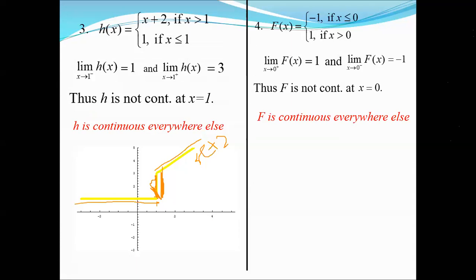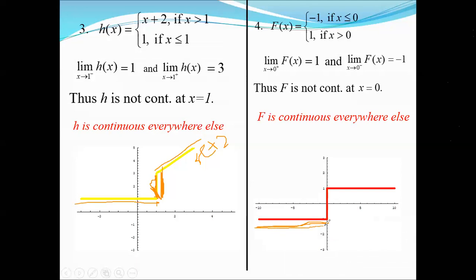And f is continuous everywhere else, because whenever the value of x is greater than 0, the value of function is 1 from the left side as well as the right side, and whenever x is less than 0, the value of function is minus 1 from any point less than 0. So again the graphical representation of this one is, for x less than or equal to 0, the value of function is minus 1, so at minus 1 we get a straight line.